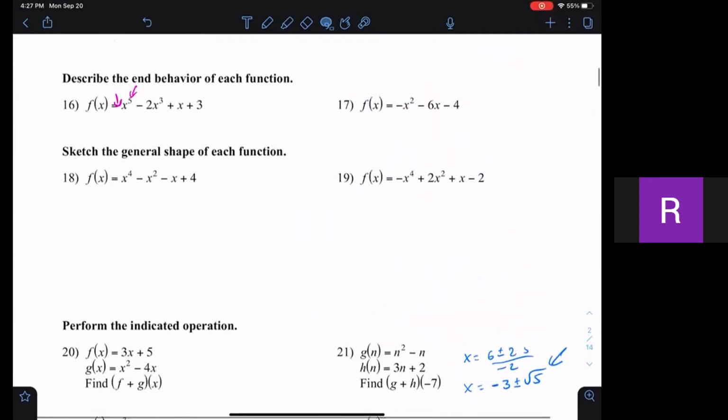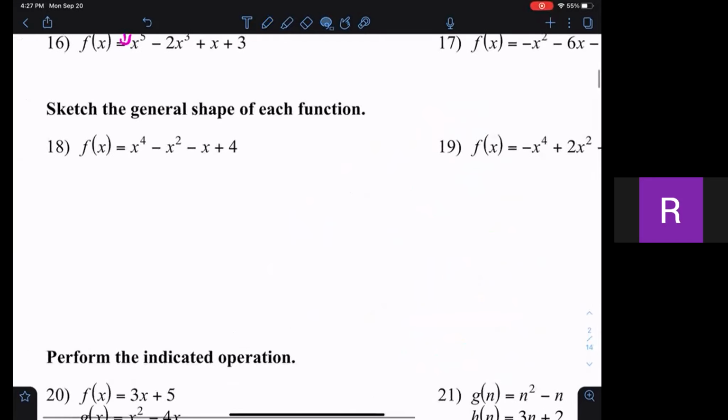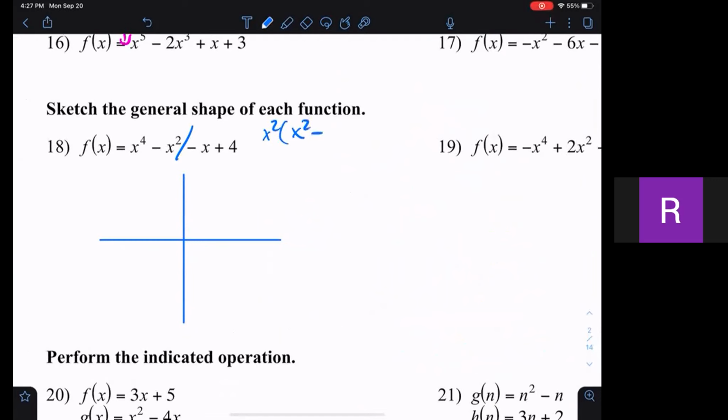Okay, so let's continue. Sketch the general shape of the function. So the general shape of the function should be something like this. Let's see if factoring by grouping works. It's not going to work, but it's -1. Oh yeah, it works. X squared minus 1 minus x minus 4, right?